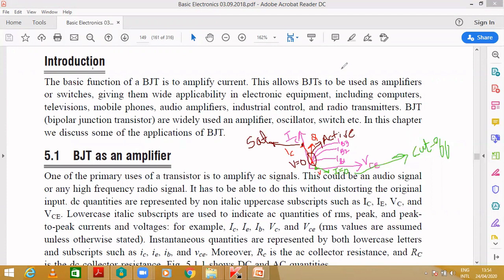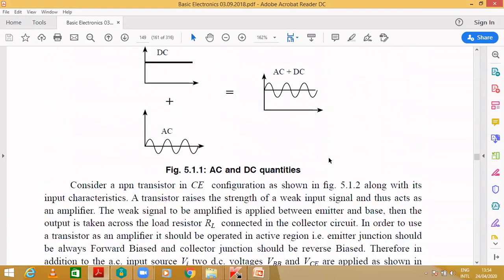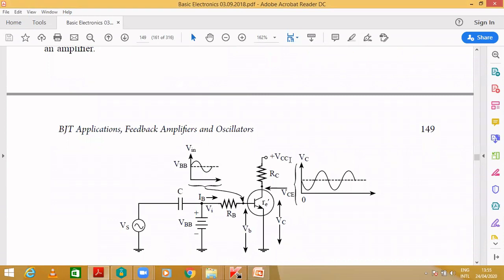Because in order to fix the operating point, I need the DC supply.